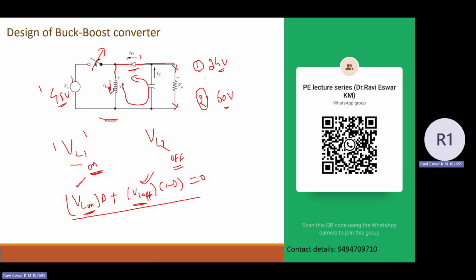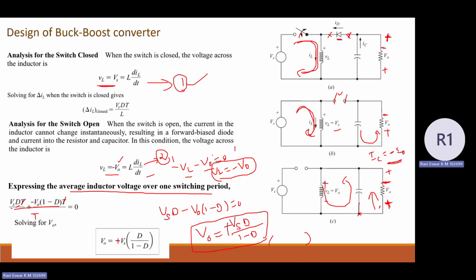If I take example case 1, 48 to 24, then the converter has to do the buck operation. If you see the output voltage equation, V naught equal to dVs by 1 minus d, if the duty is less than 0.5, you can verify that the output voltage is less than the input voltage.